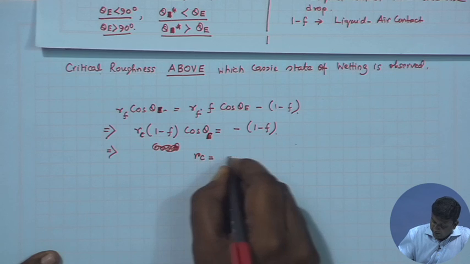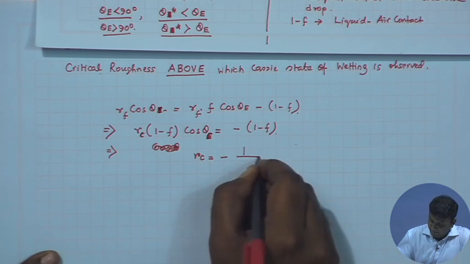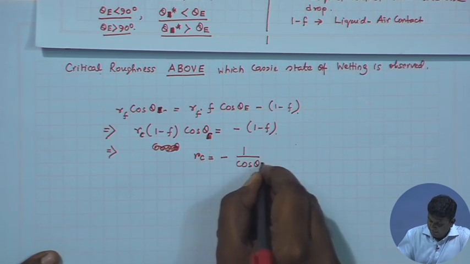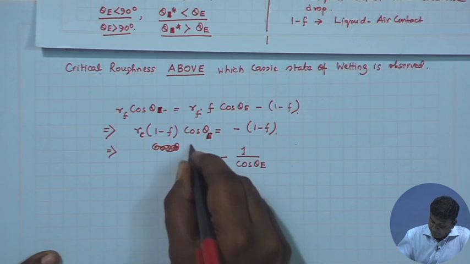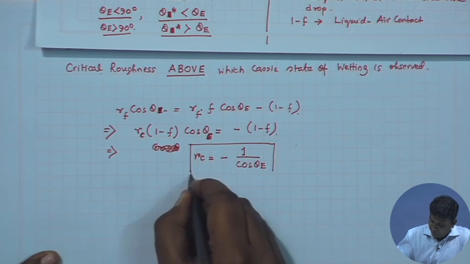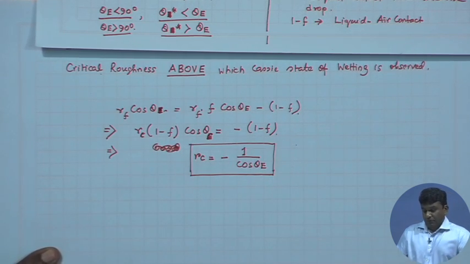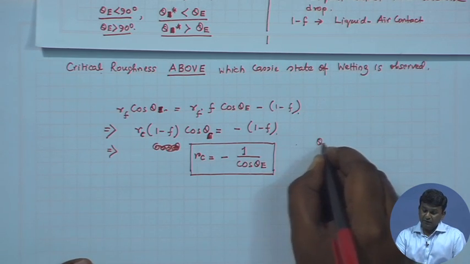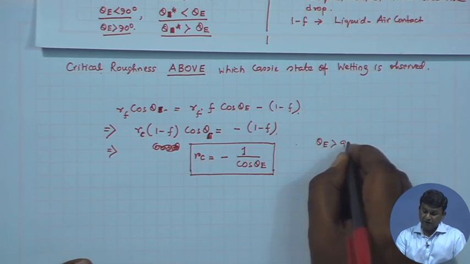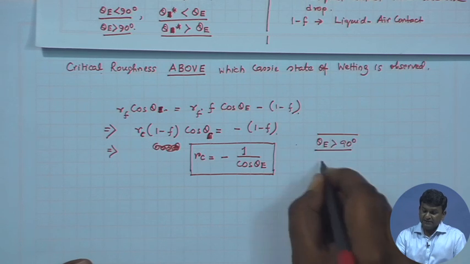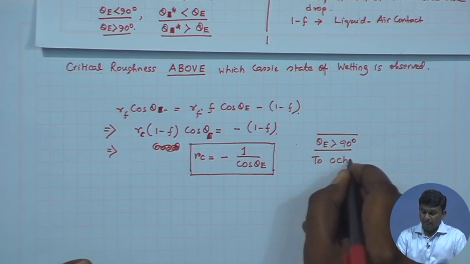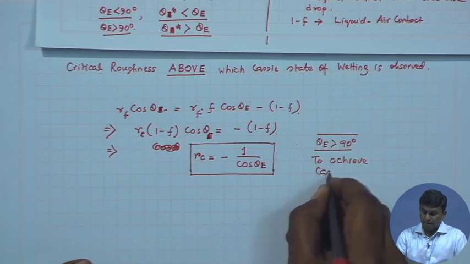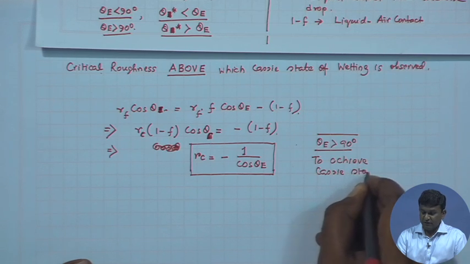So, what you get is cos theta e. Please understand that the roughness is not negative. You need to have theta e greater than 90 degree to achieve the Cassie state of wetting.